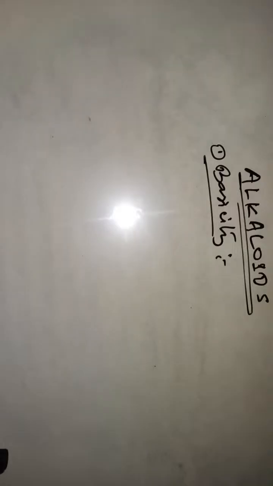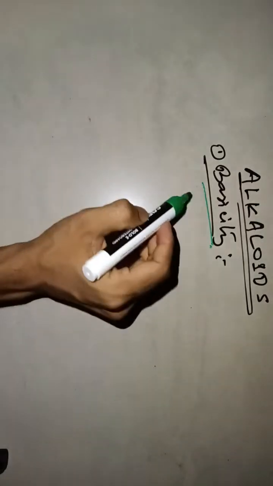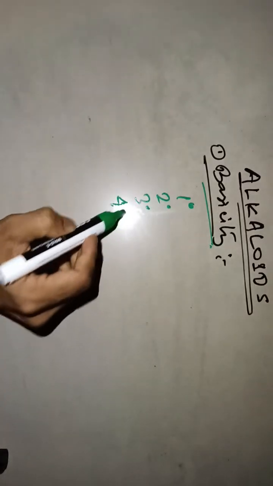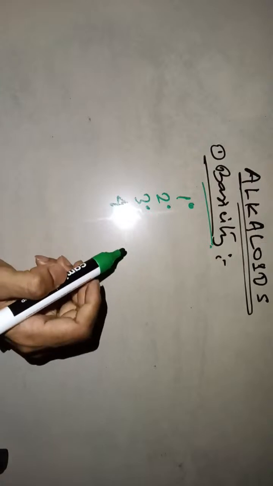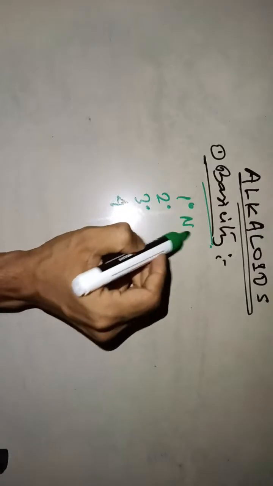So what are the different types of alkaloids present? Primary, secondary, tertiary, and quaternary. Primary nitrogen is present in norepinephrine.